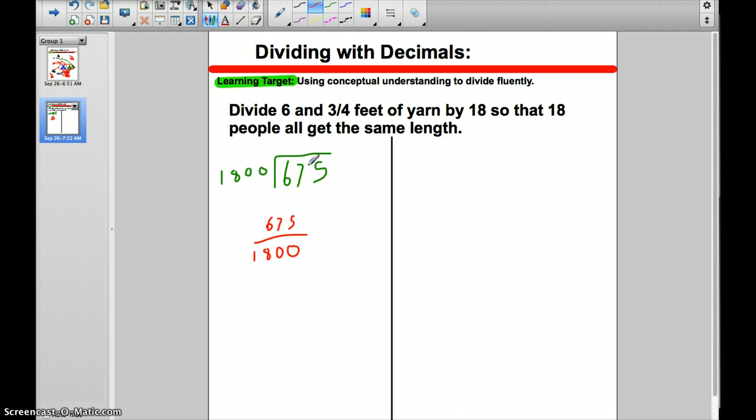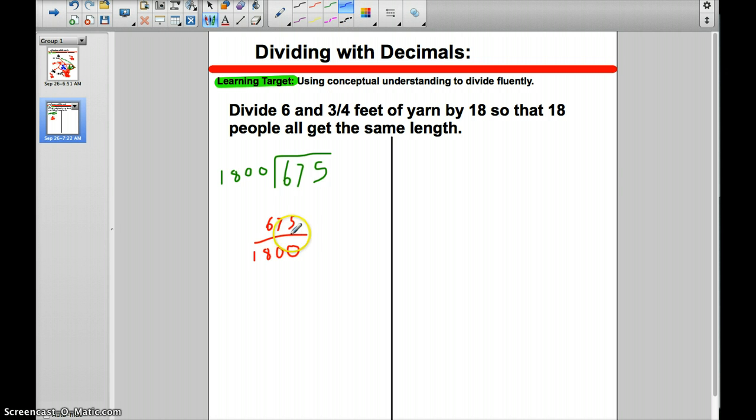Just by looking at this, it's neat because I can see if this is a fraction, I know that 900 out of 1800 is half, but something like 675 over 1800 is going to be less than half. That right away tells me that when I divide this yarn up, the people are going to get less than half a foot. So sometimes when you set the problem up like this, it's really neat. You get to see it in a different light.